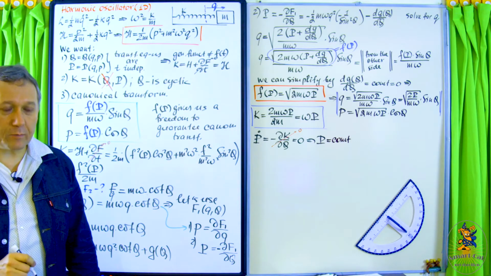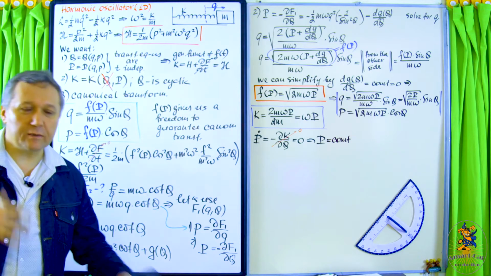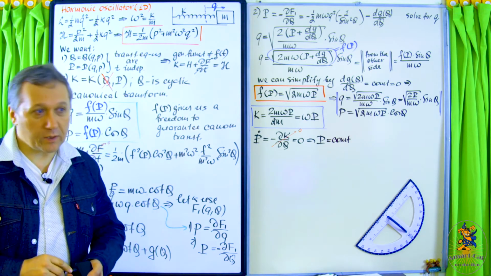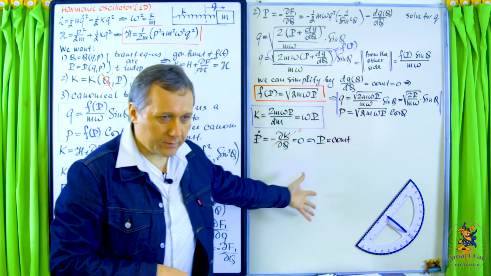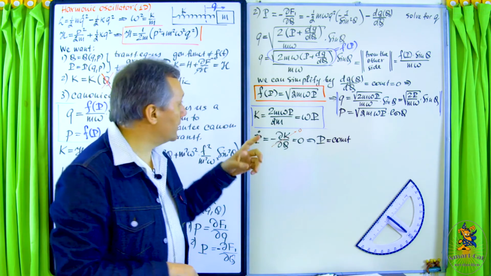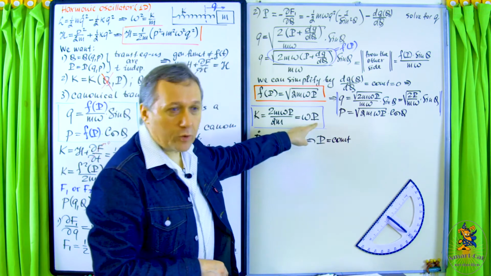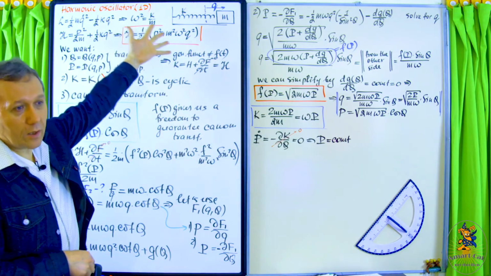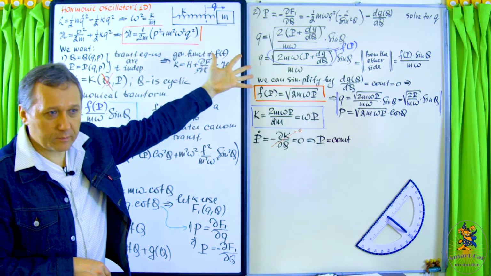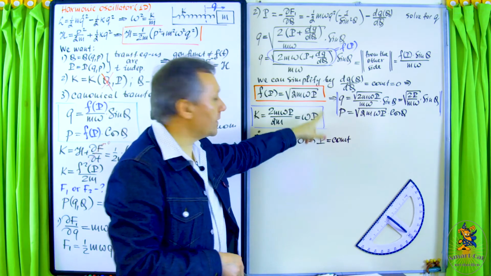I'm going to introduce a different constant, basically following the notation of the book. Usually we can call it alpha or something else, but here they did this. So P is constant. Let's go back to the Hamiltonian. P is constant, omega is constant. Omega is a constant determined by the parameters of the system. So this whole thing is constant.